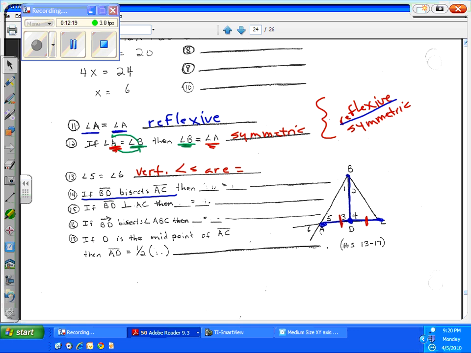So if segment BD bisects segment AC, then we can conclude that segment AD is equal to segment CD. With the reason, there's the word, and there's what we get out of it. And so we say definition of bisector of a segment.